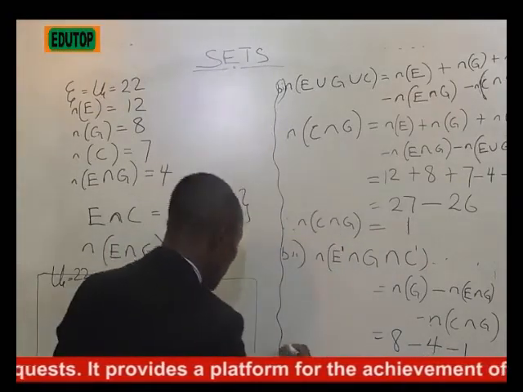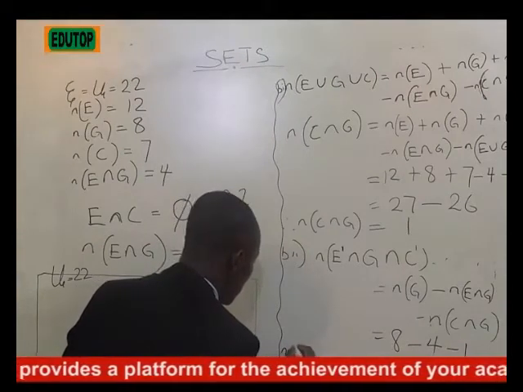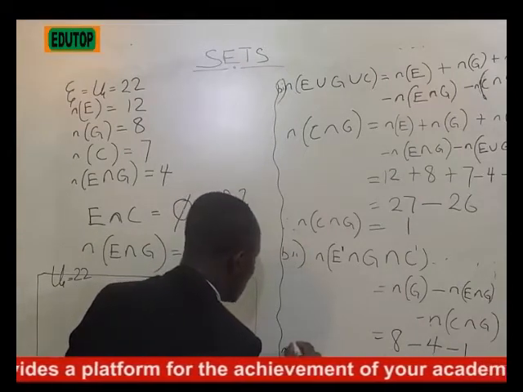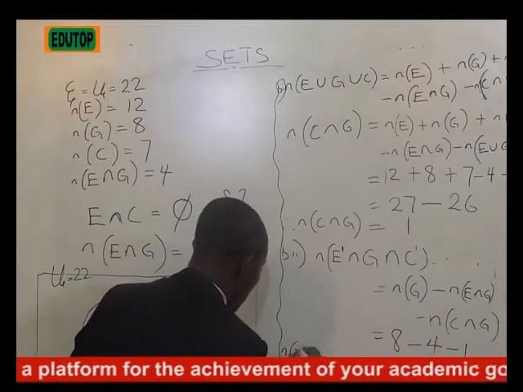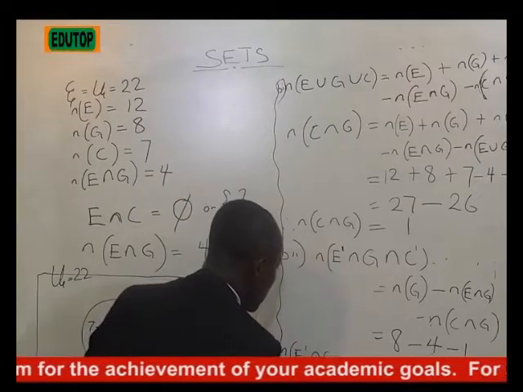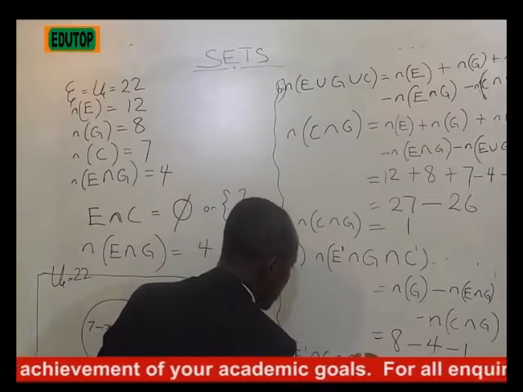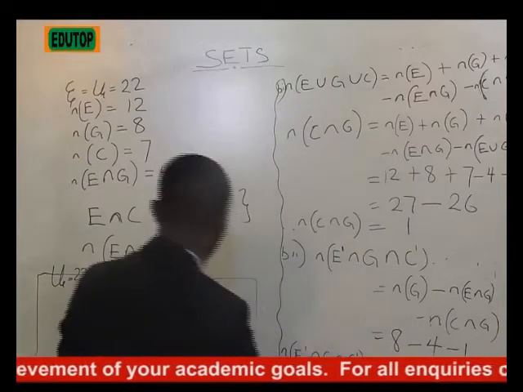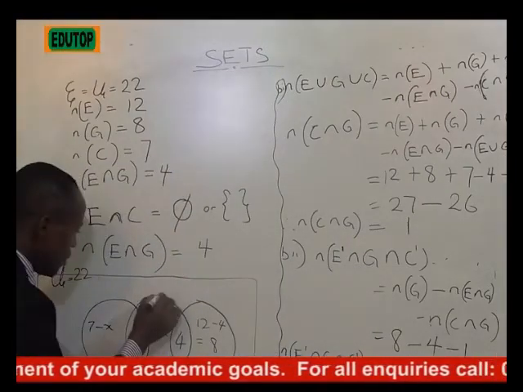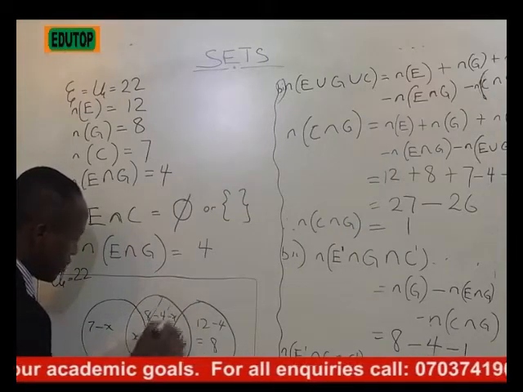So we can conveniently say that the number of students studying government alone, which is E complement intersection G intersection C complement, is equal to 3. That is this portion. What we are interested in is this portion.